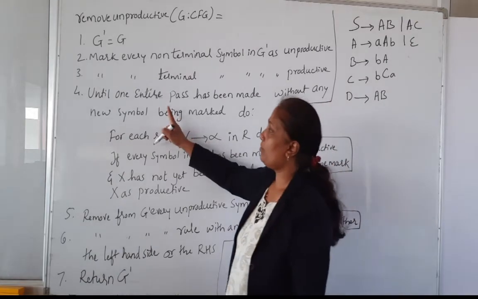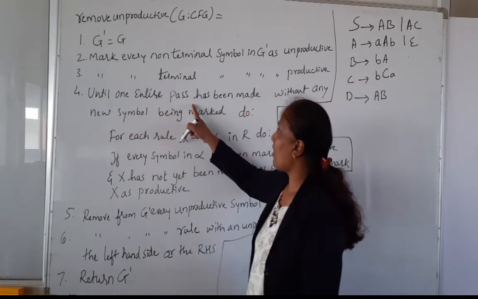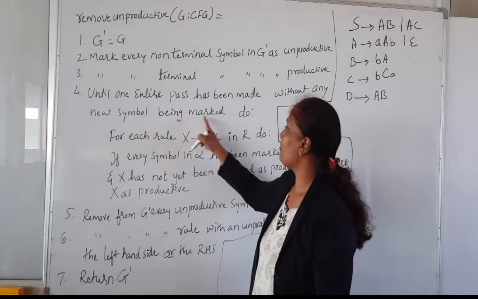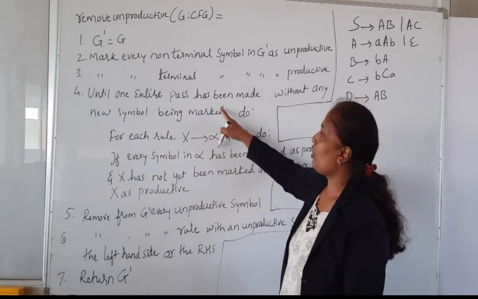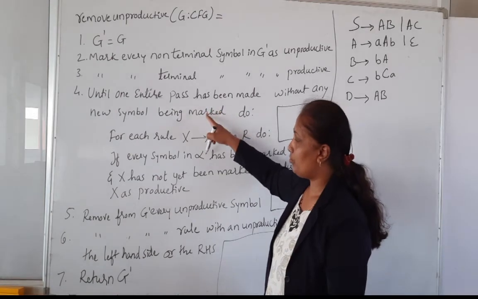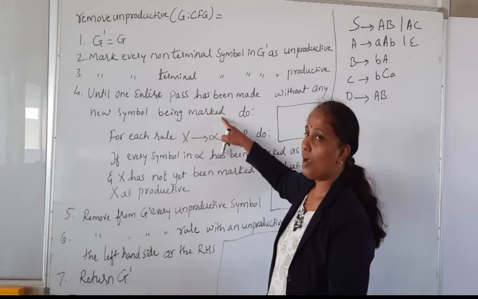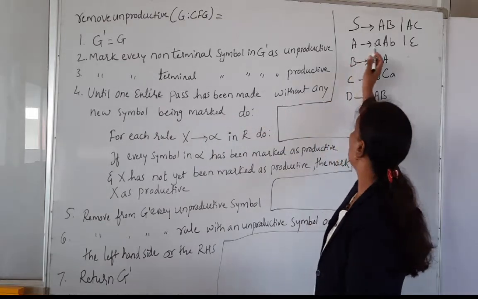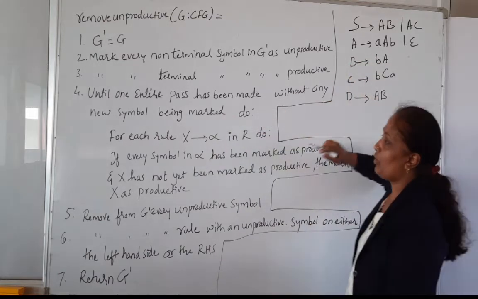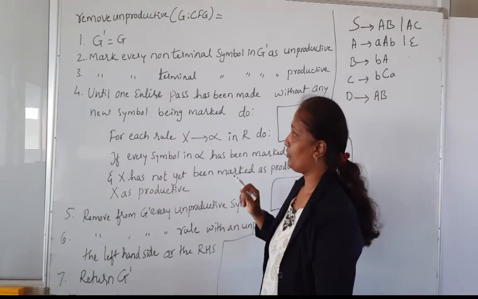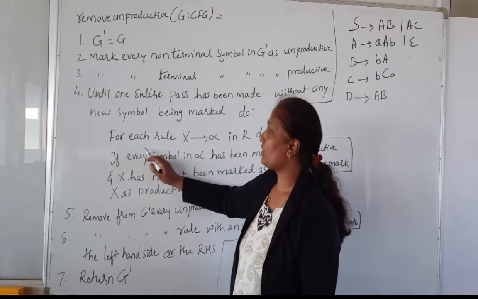Next, what is the fourth step? Repeat until one entire pass has been made without any new symbol being marked as productive. This means until you check all the productions, you are going to repeat the fourth step. So what is there in the fourth step?